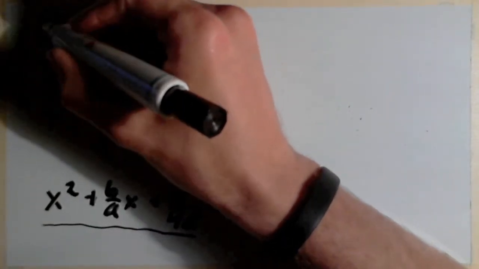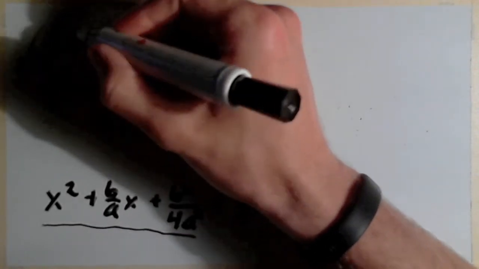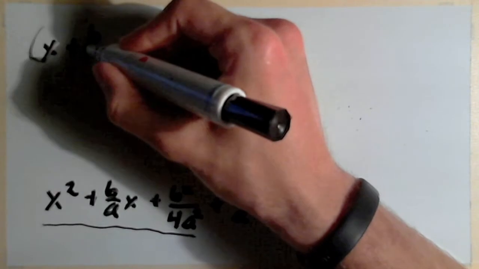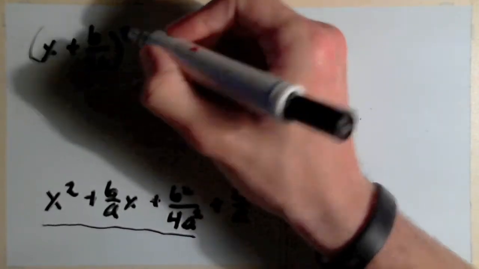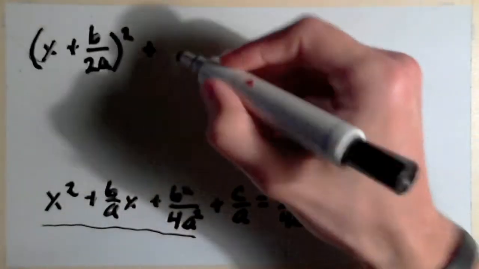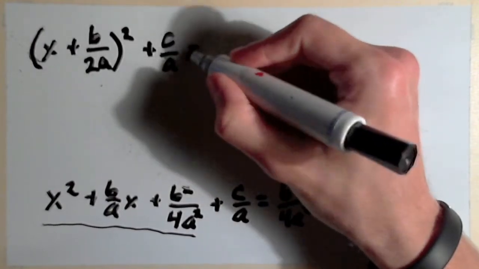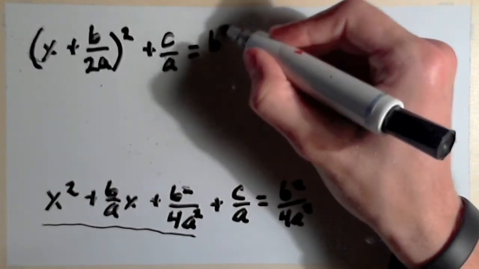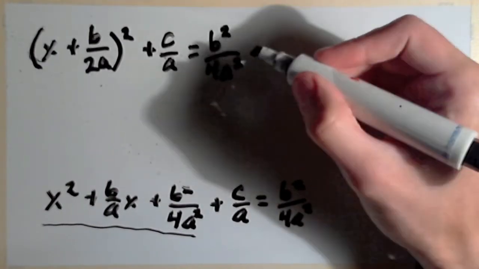We have a complete square, which is x plus b over 2a squared plus c over a is equal to b squared over 4a squared.